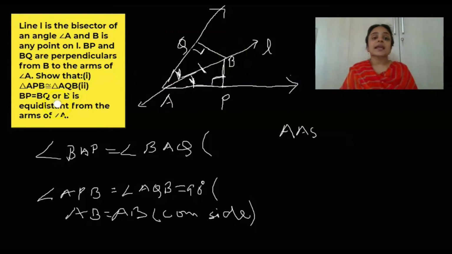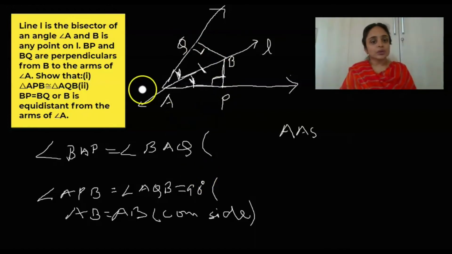And the next part is we have to show that BP is equal to BQ, or B is equidistant from the arms of angle A. That is, this B is equidistant from both P and Q. We have to prove that. So, how will you prove that?